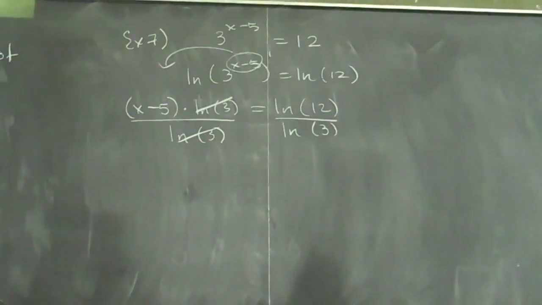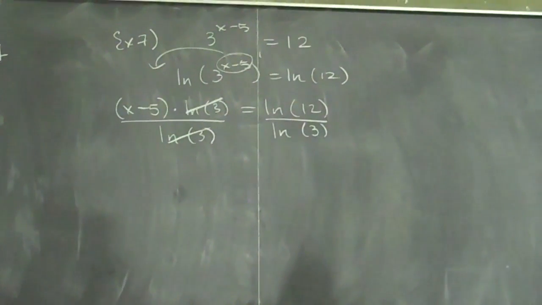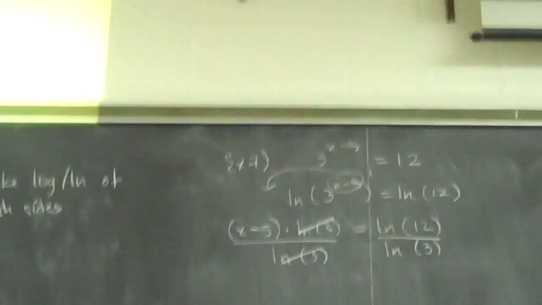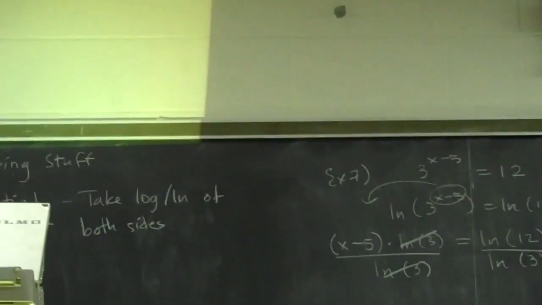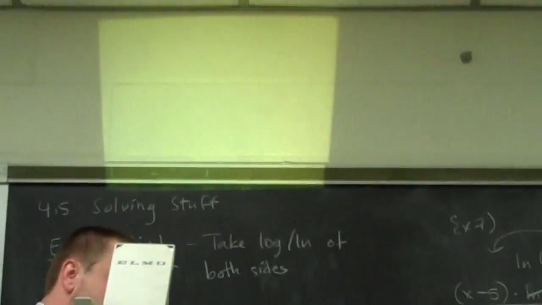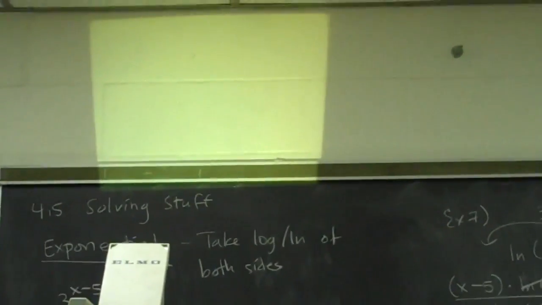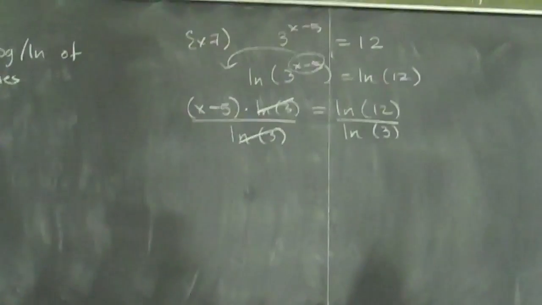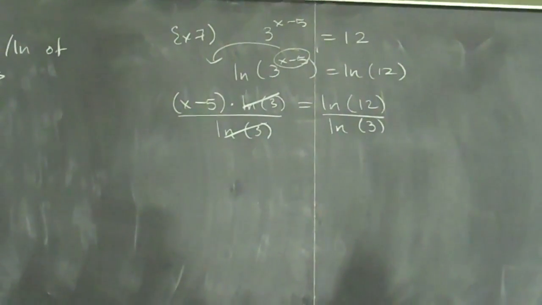I'm trying to teach you properties and techniques and some stuff that's slick. But every now and then, students try to get a little too slick. So let me ask you a question. Over there on the right-hand side, when I talk about the natural log of 12 divided by the natural log of 3, is that the same thing as the natural log of 4?